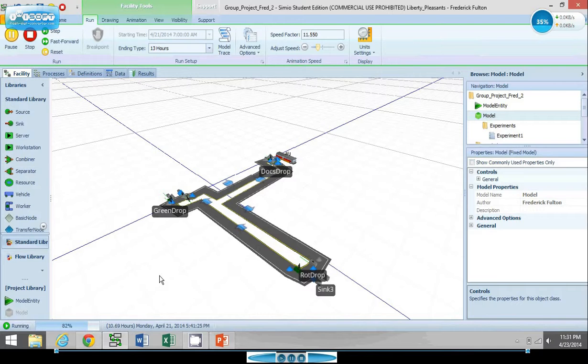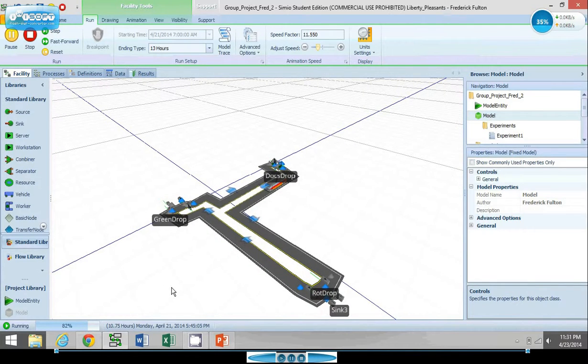As you can see, our proposed solution allows a bus that is already in existence to go on a new route from Green Hall to docks, from docks to the ROT, and from the ROT back to Green Hall.